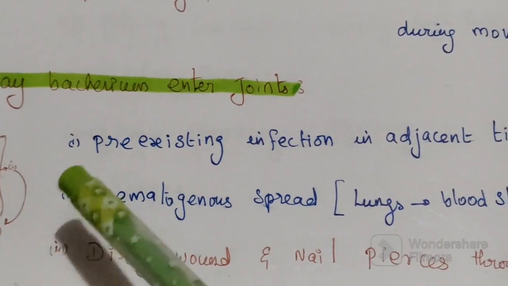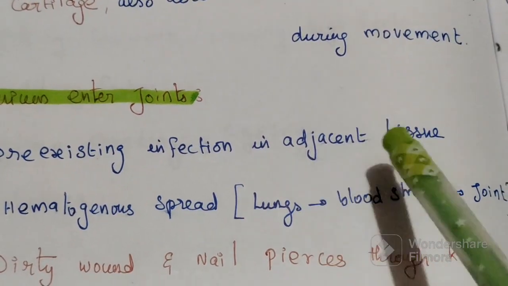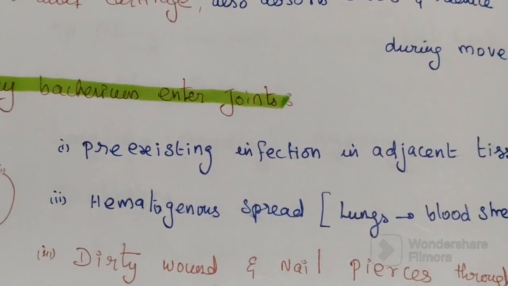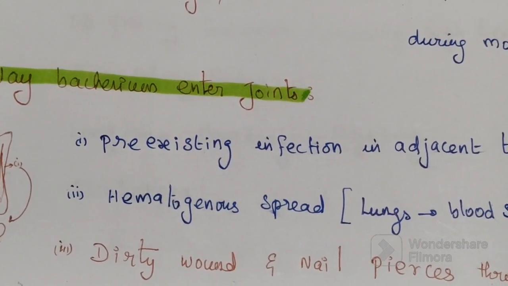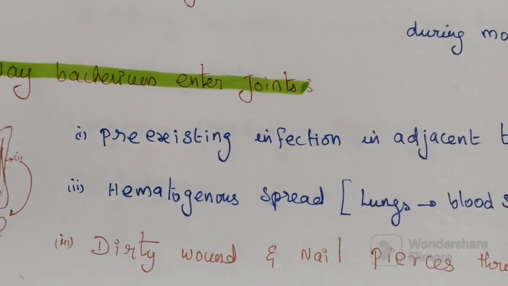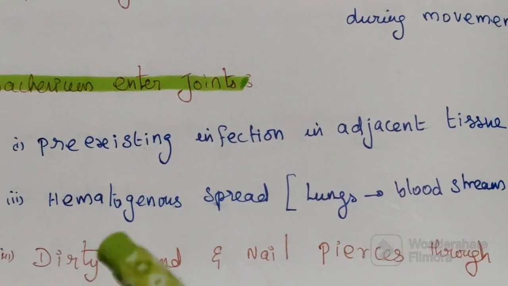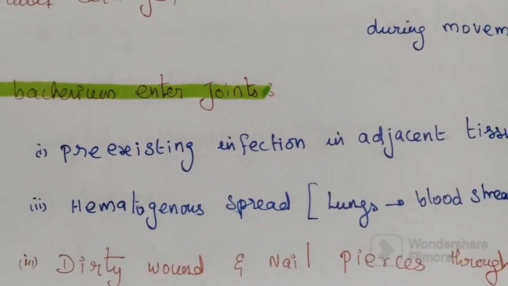So the first way is a pre-existing infection in adjacent tissue. Through tissue it will enter the bone. The second one is that it can travel through the bloodstream and get into the joint.